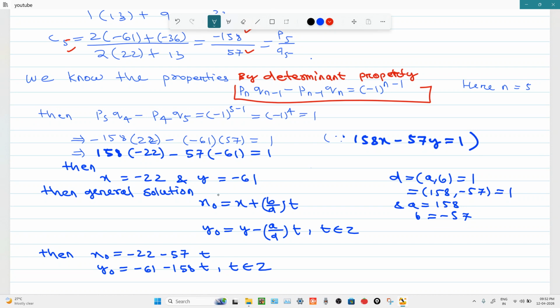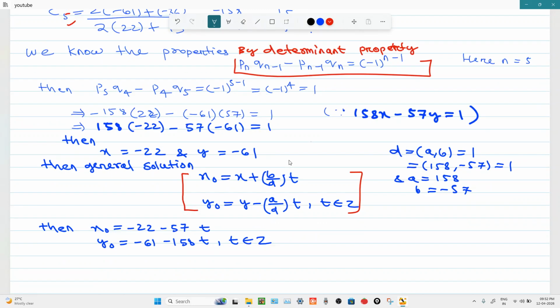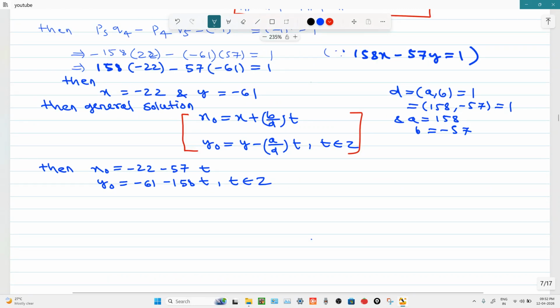Then there is a general formula, you have to remember this solution also. We know the GCD of a, b should be 1 for the solution. So GCD of 158, minus 57 equals 1.